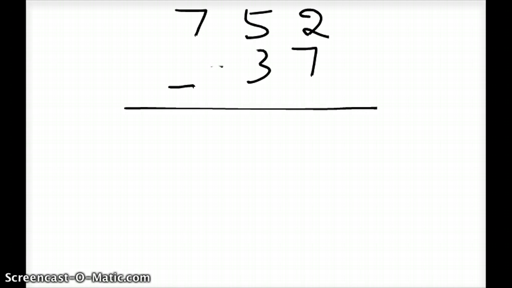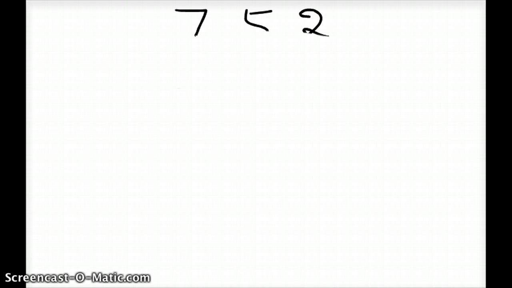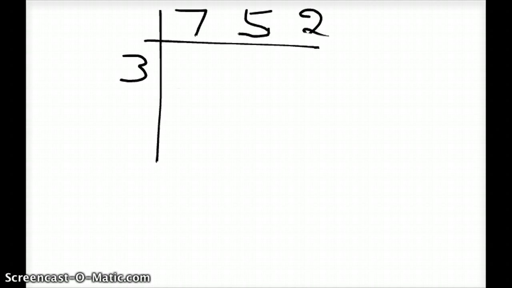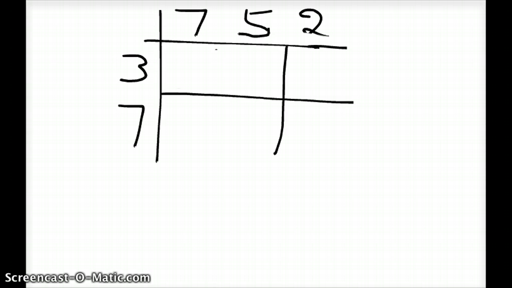Let me erase this quickly. Okay, what I'd prefer to do is think about it this way. Here's my 752 in the hundreds, tens, and ones, and here's my tens and my ones. Okay, let's make some boxes in here like this.